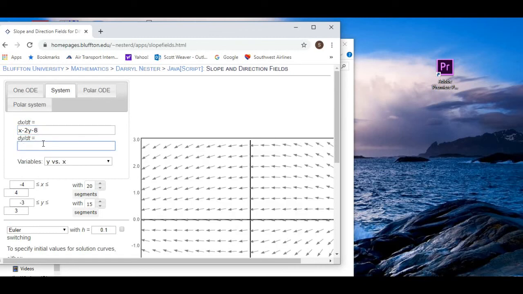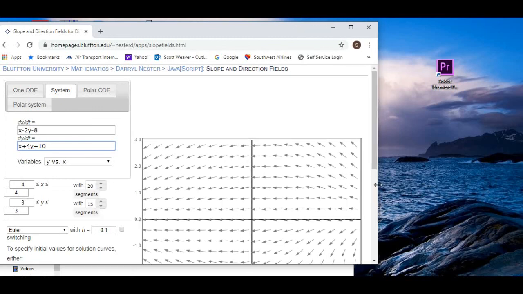For the y, what we had was x plus 4y plus 10. Okay, and let me bring this out a little bit bigger. Might as well make it nice and big.